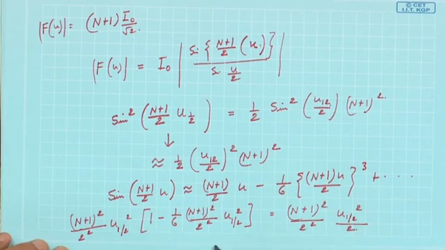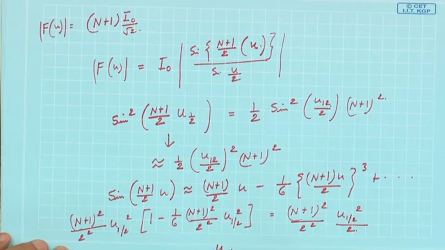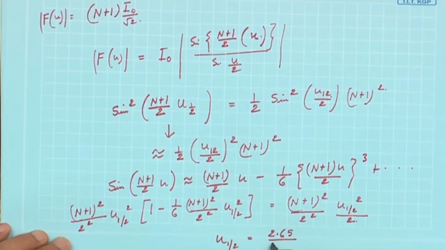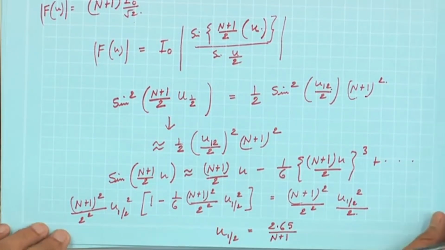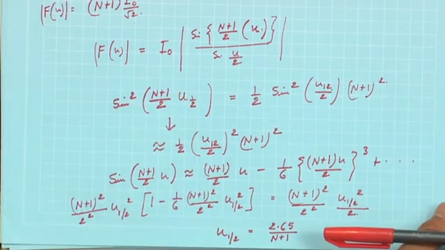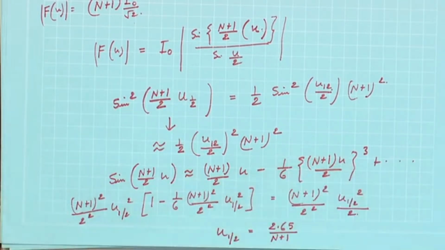So, if you solve this, you will get 2.65 by n plus 1. Okay. So, note down this, I have done it myself.